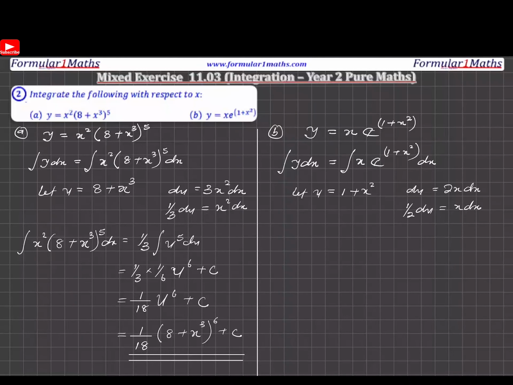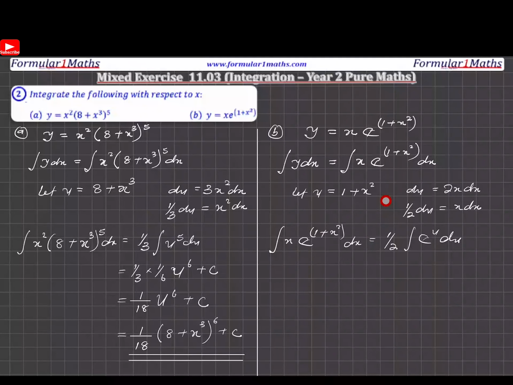So now we can have the integral of x e to the power 1 plus x squared dx is equal to half the integral of e to the power u du. Because half du has replaced x dx, and the 1 plus x squared has been replaced by u, because we said u is equal to 1 plus x squared.